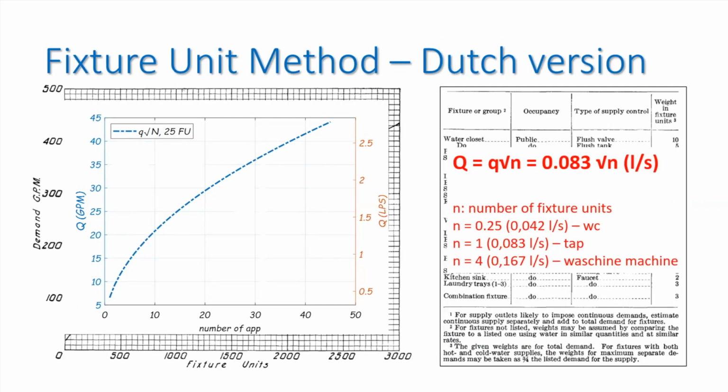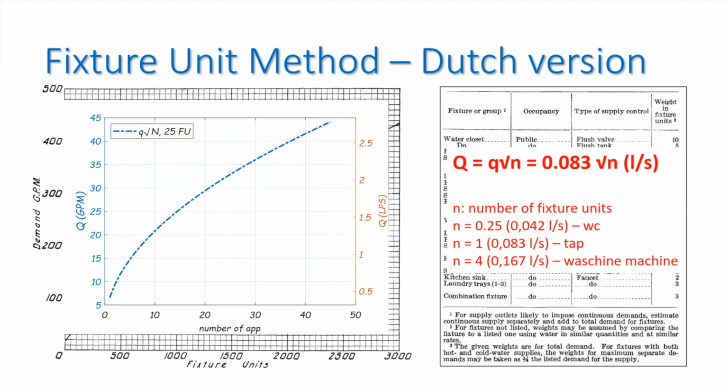So the fixture unit method in the Netherlands, I think originally, but it's hard to find the real true reference, is something from Germany in the 1940s. It is also known as the Q square root N method, where Q is a certain value of flow in liters per second, and N is the number of fixture units, or the number of apartments if you go to an apartment building.